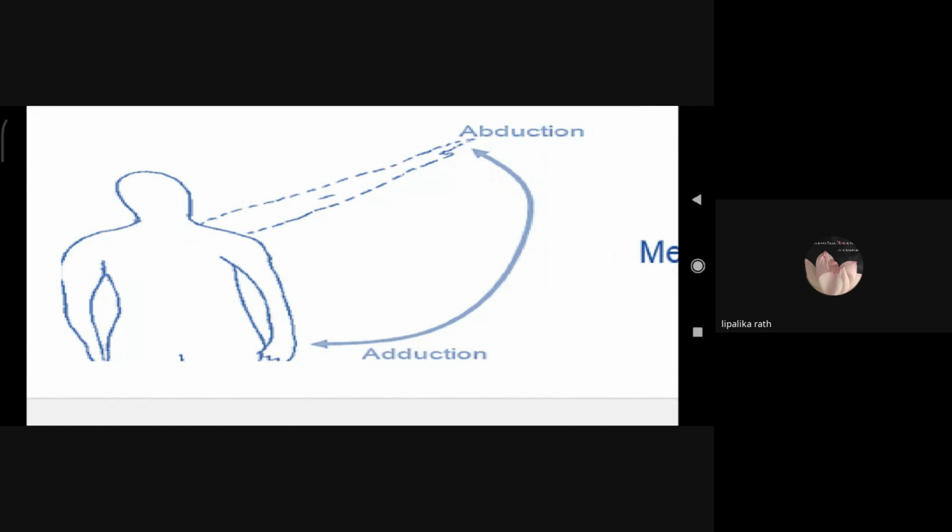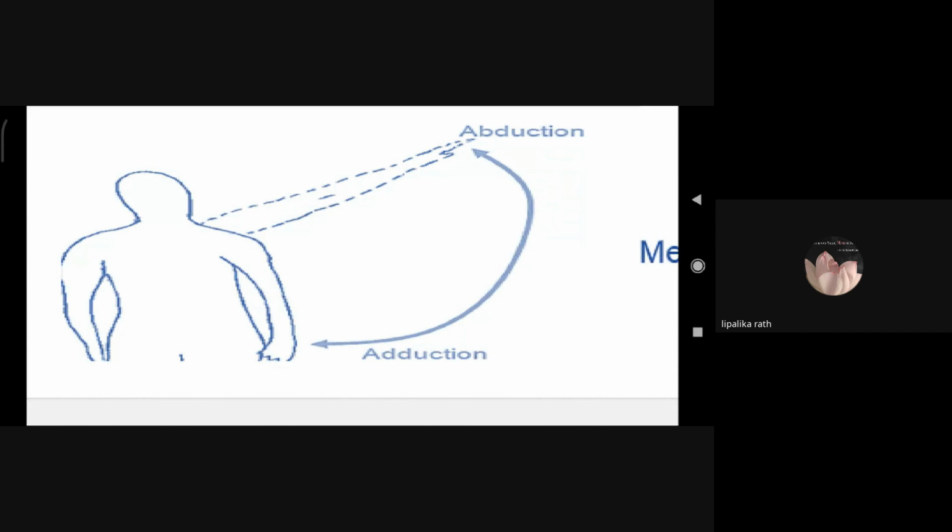Ma'am, same terminology, proximal and distal also, na? No, proximal and distal are not movements. Abduction and adduction are used in the case of movements. Proximal and distal are already located. Those are not movements. Like in anatomical posture, your little finger is proximal.